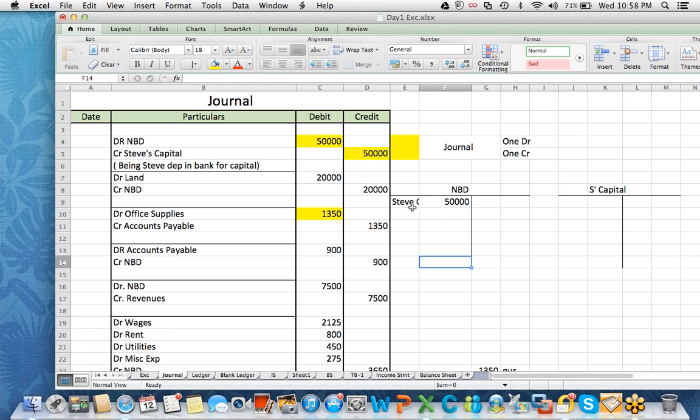Done this way, this account is now posted. Now Steve's capital account has not yet been posted, right? Steve's capital account is credited, and it should be on the credit side. NBD 50,000. This is called ledger posting.